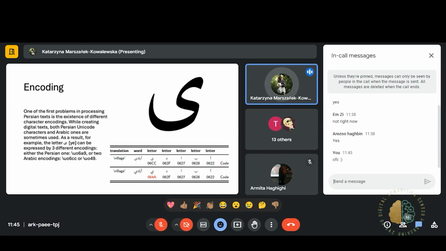As an example, for the letter ye, as we can see here in the slide, people can use 3 different encodings, either the Persian one or 2 different Arabic encodings. We have the example here, with the transliteration, the word village. And we can see that when we try to encode the separate letters, the final letter can be encoded in 3 different ways.